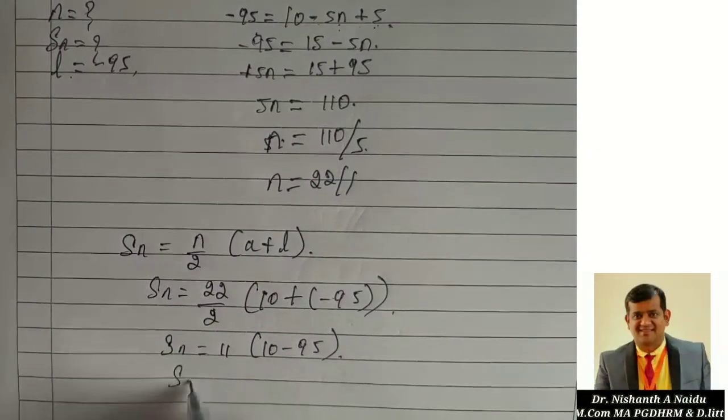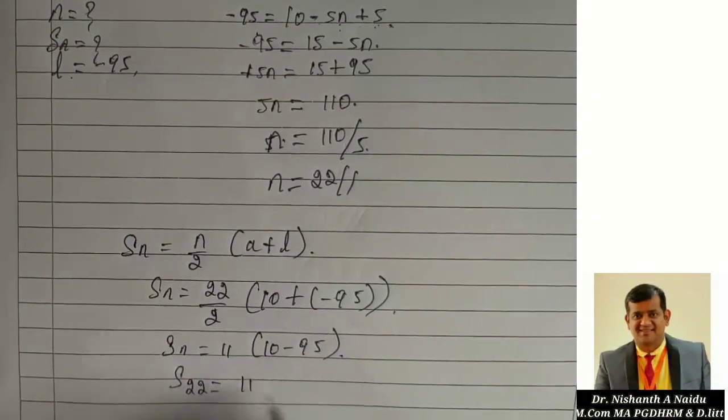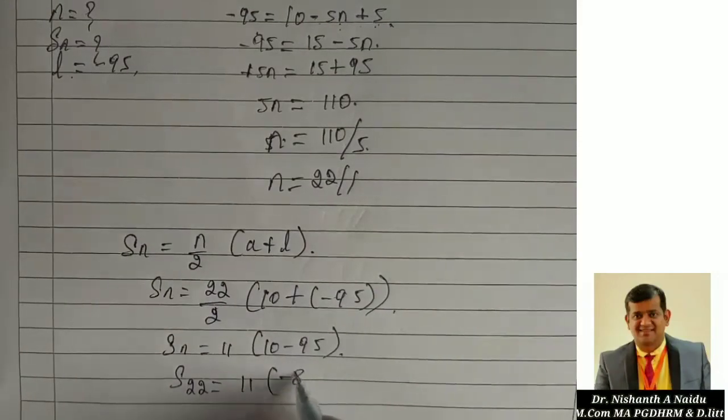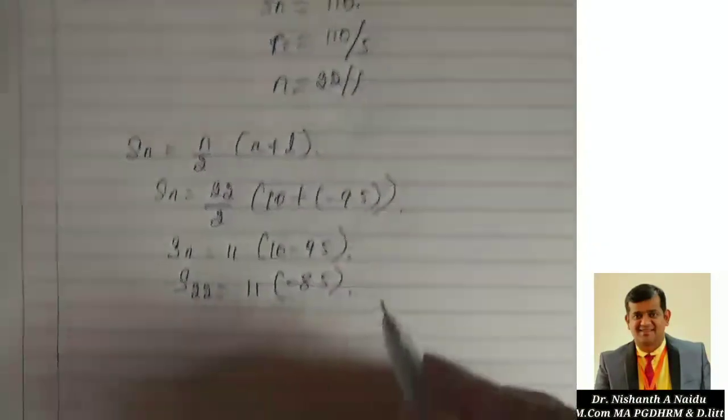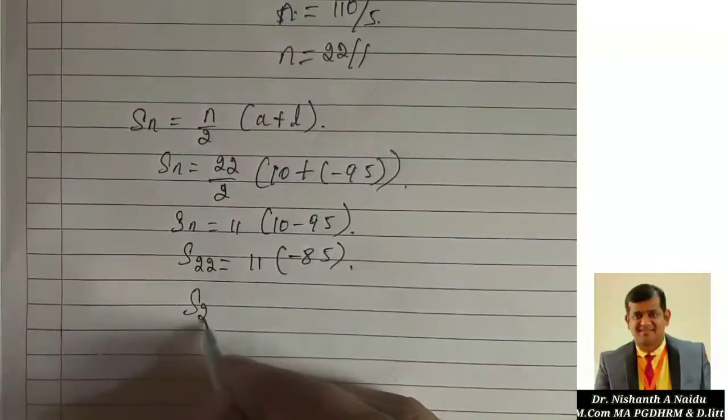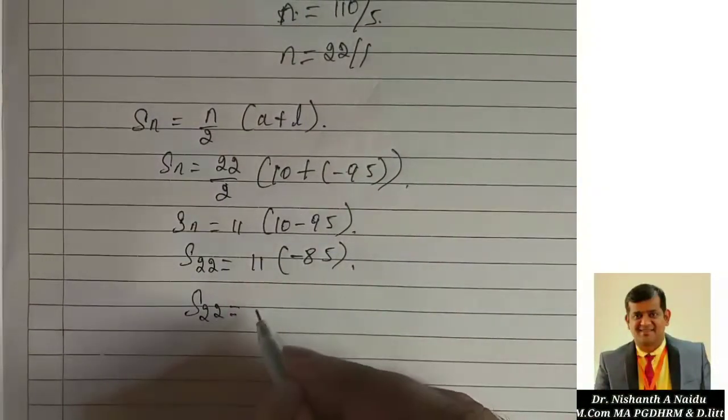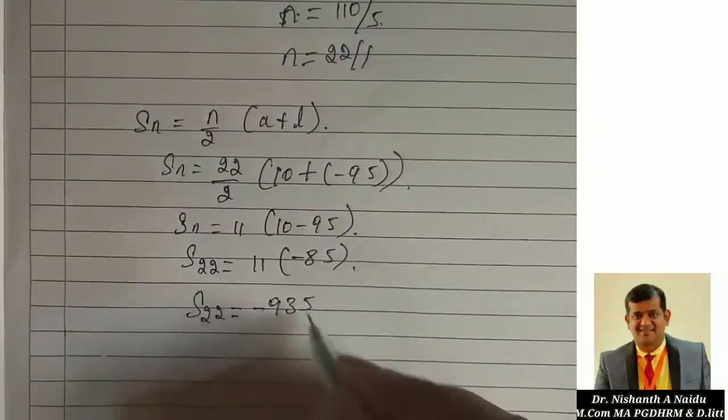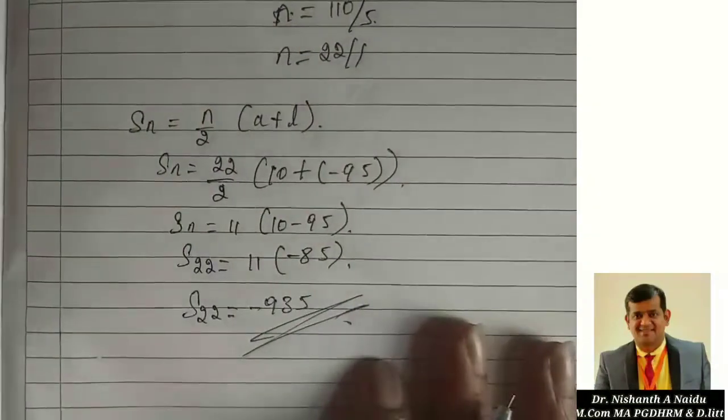So S22 equals 11 into minus 85. 11 into minus 85 gives S22 equals minus 935. So this is the answer for this particular problem.